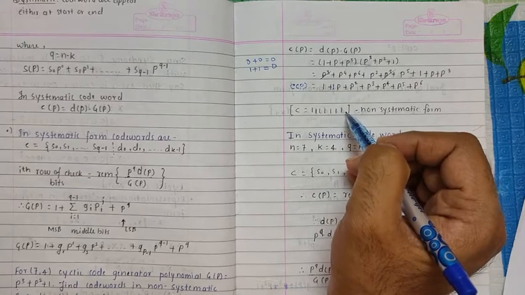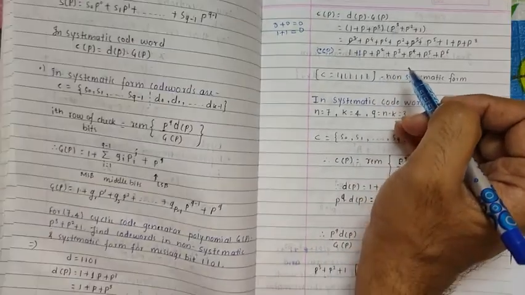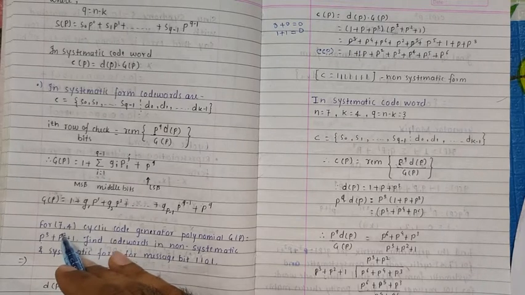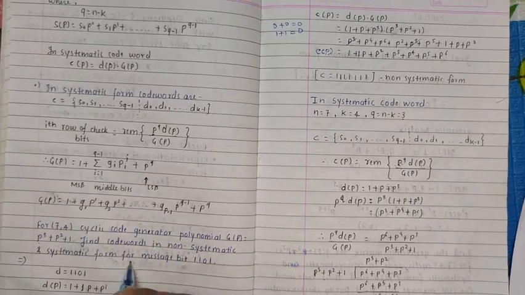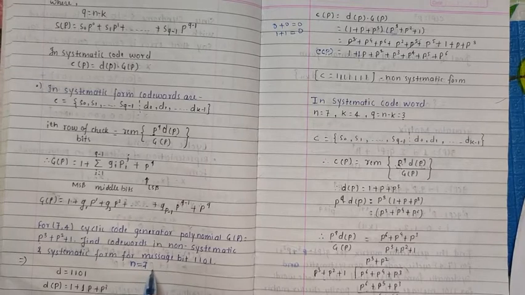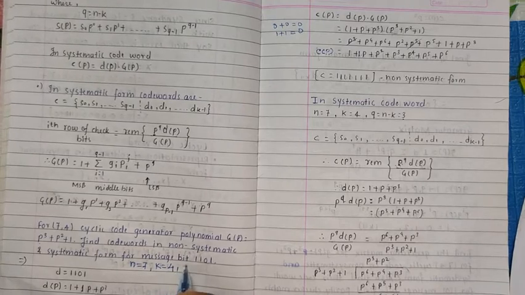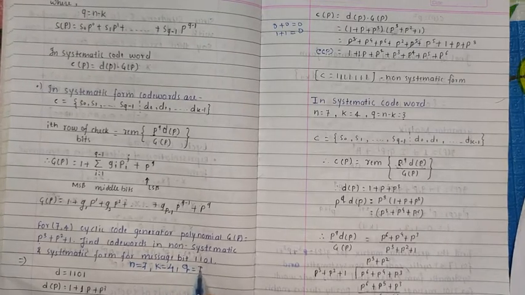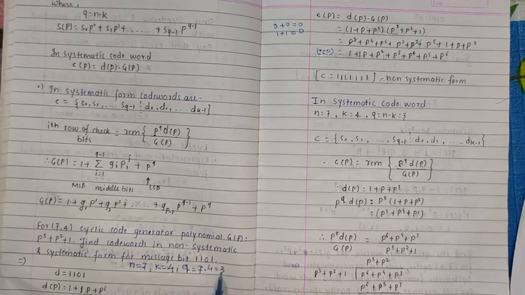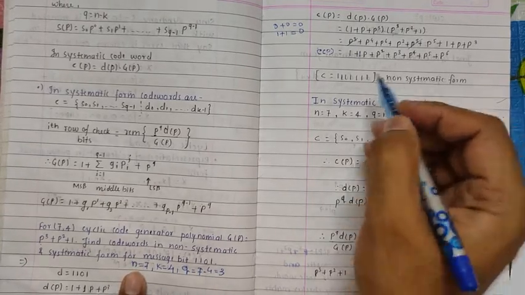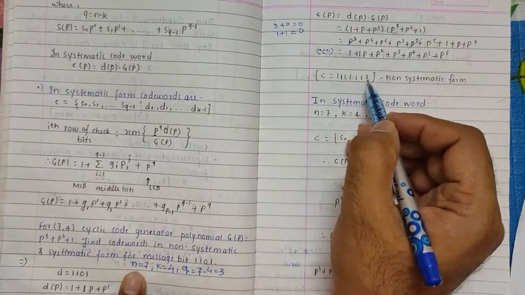As we know that the size of this cyclic code is 7, 4. What does it mean? It means the value of n is 7, total number of bits in the code word, total number of message bits are 4, and number of check bits we can add are 7 minus 4, which is equal to 3. So how many bits are we getting in the final code word? 7. It means these are the 7 bits.